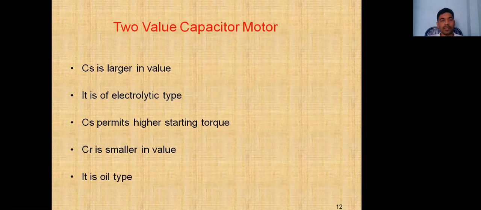It is an oil type capacitor, and it also permits improving the power factor.